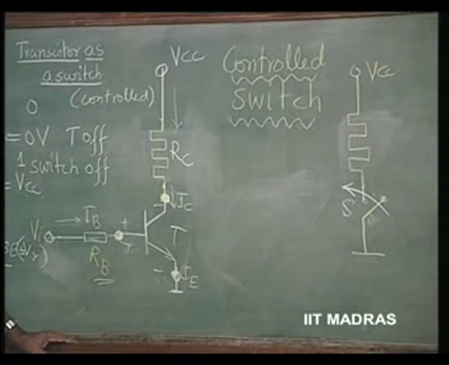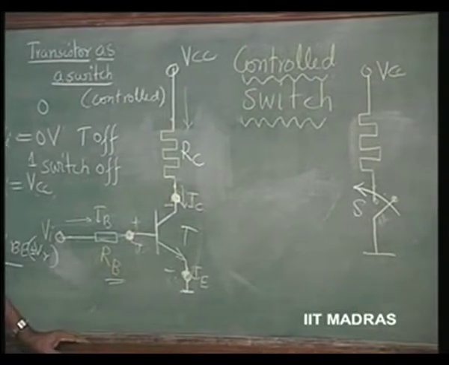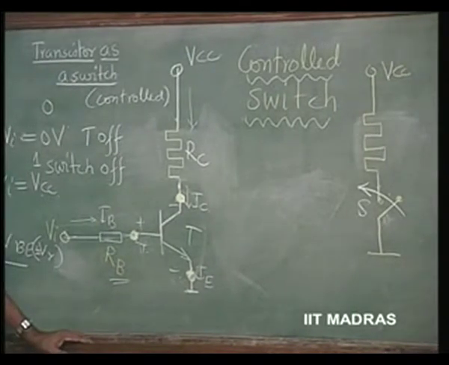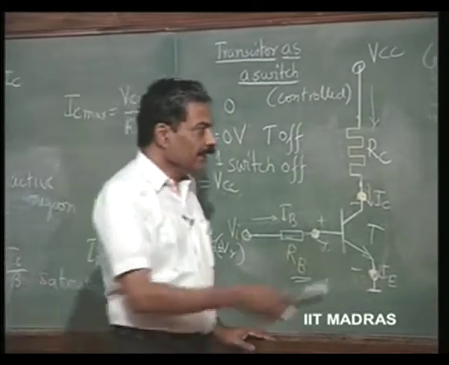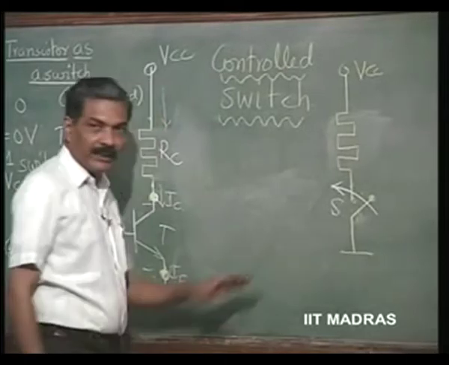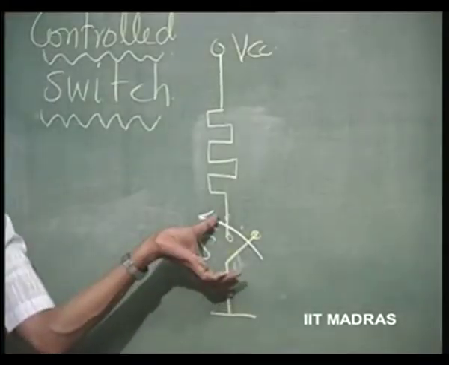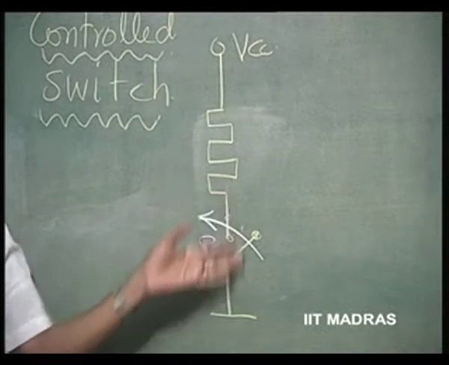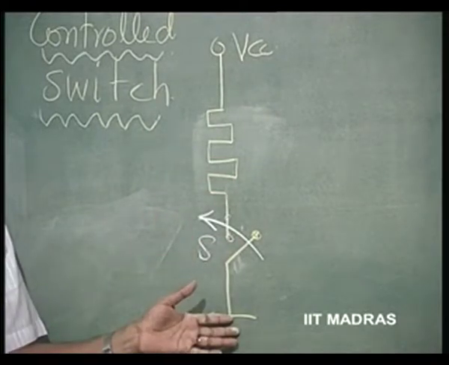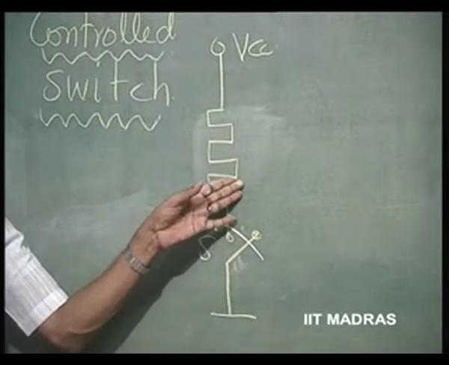Why should it go to saturation? Why can't it be in the active region? That may be a question, because then it is not going to act as a switch. A switch, when it is closed, has 0 voltage drop across it, and current can be anything, fixed by this resistance.